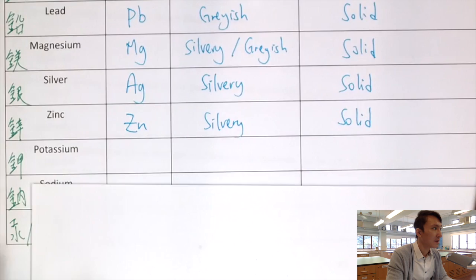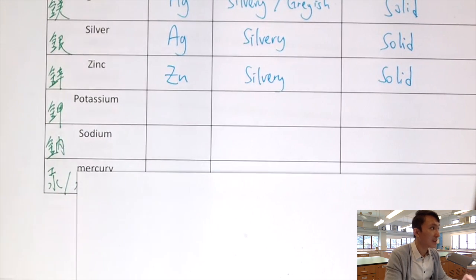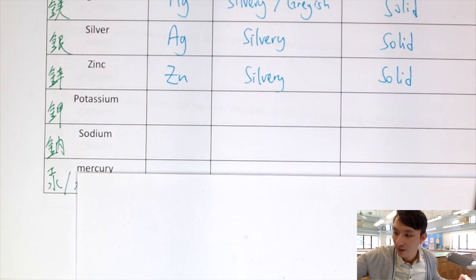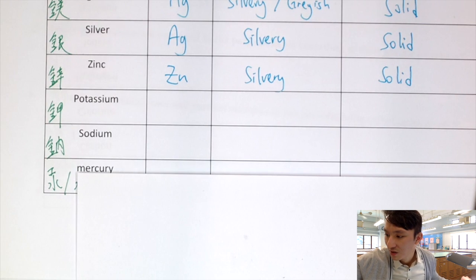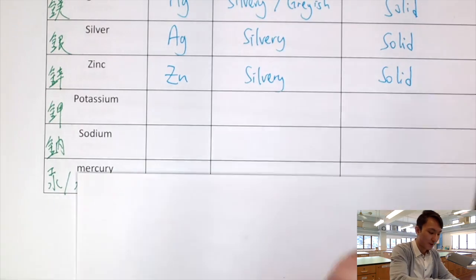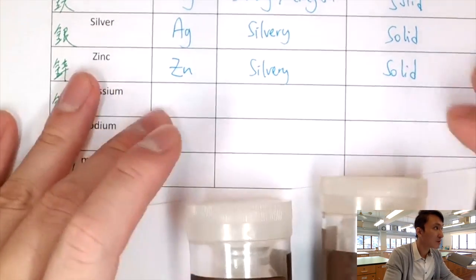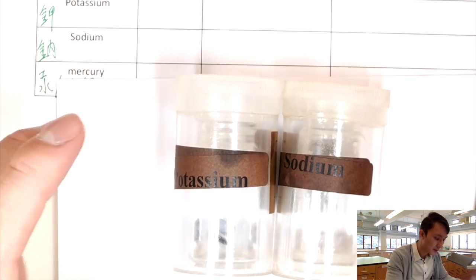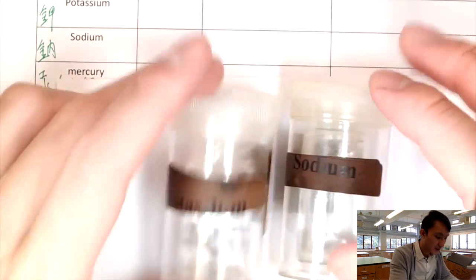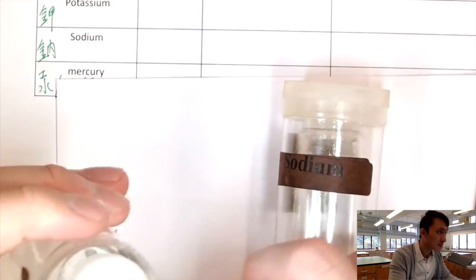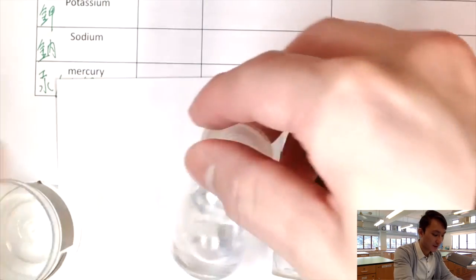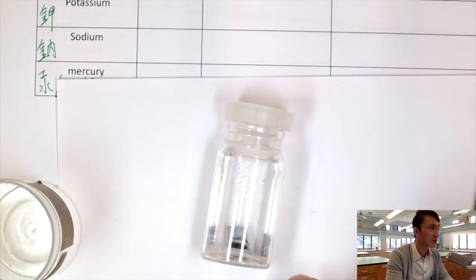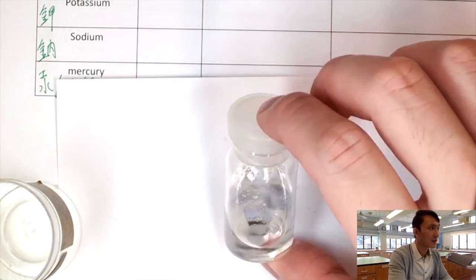Okay? Now, for potassium and sodium, we can look at them together. These two are a little bit different than the others. Okay. Now, these two are the potassium and the sodium. Let's open up the potassium. So you see, now potassium metal, they are stored under some liquid, right?